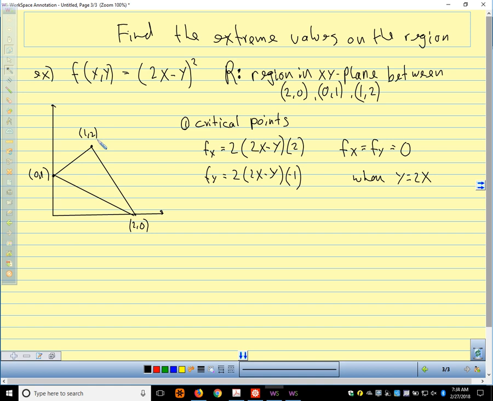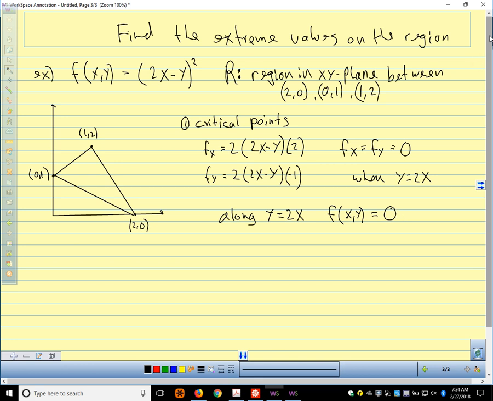When y equals 2x, f(x,y) equals 0. So there's one candidate for an absolute extreme value. Along the line y equals 2x, we get f(x,y) equals 0. So that's one of our candidates.